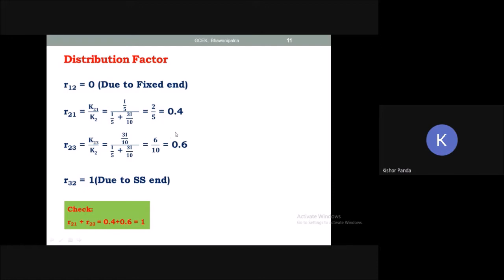Always check that the sum of the distribution factors at the joint should be 1. Here R21 is 0.4 and R23 is 0.6, so 0.4 plus 0.6 is equal to 1.